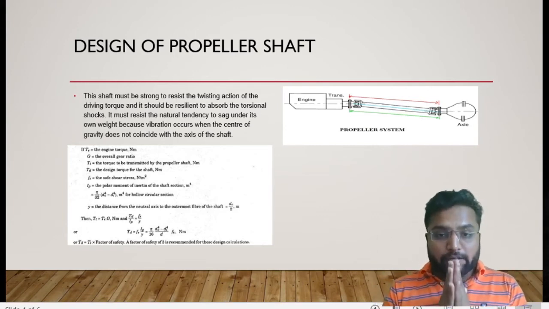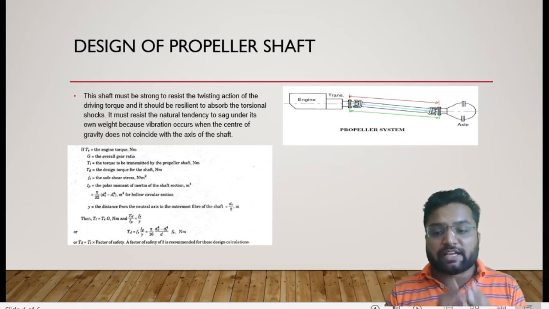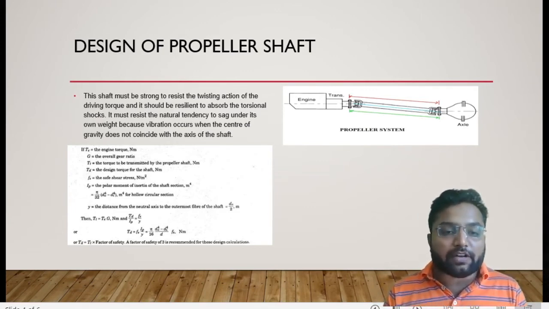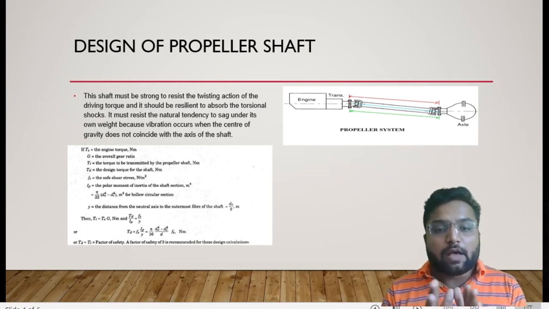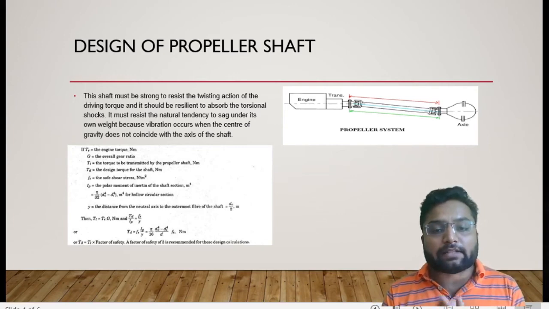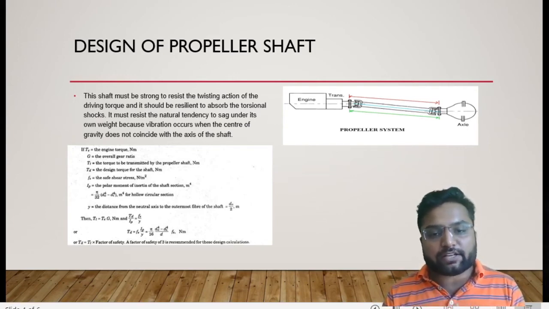Clear? Then the shear stress as well as the polar moment of inertia, which is represented by pi by 32 into do raised to 4 minus di raised to 4.